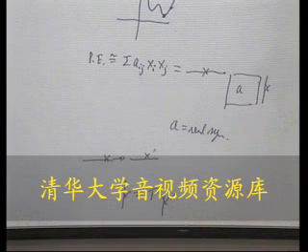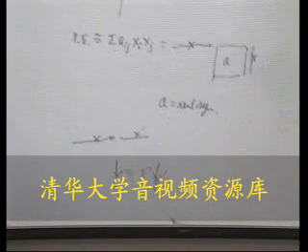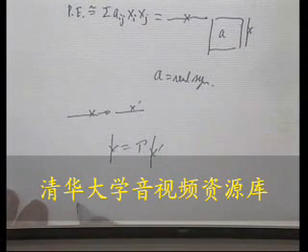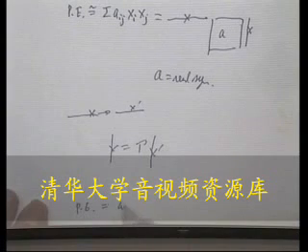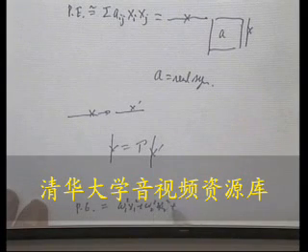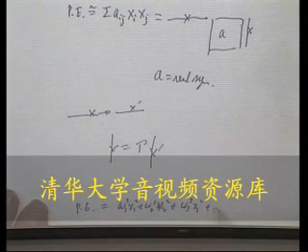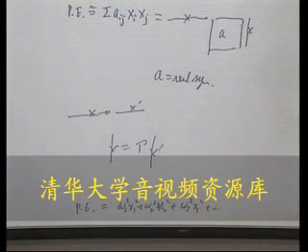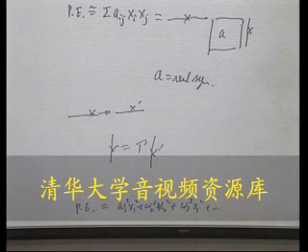I transform x into x prime. Then in terms of x prime it becomes diagonal. In other words, the potential energy in x prime becomes omega_1 squared x1 squared plus omega_2 squared x2 squared, no cross term. And these omega_1, omega_2, omega_3 are the natural frequencies.